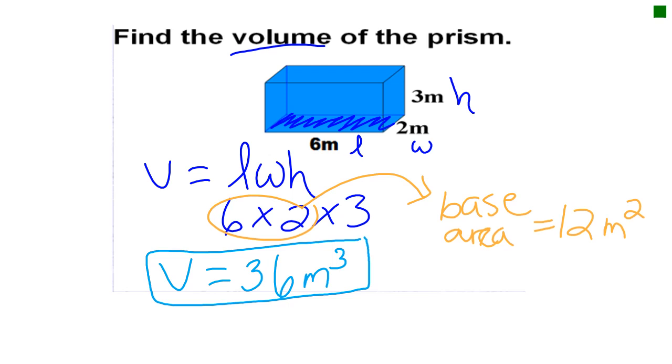So it's just, again, adding up all of the 6 faces of the shape. The volume is seeing how much space can fill up the inside of that shape. So the volume is 36 meters cubed.